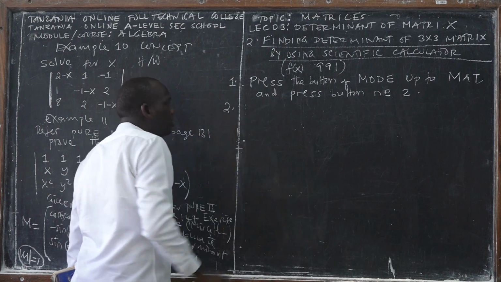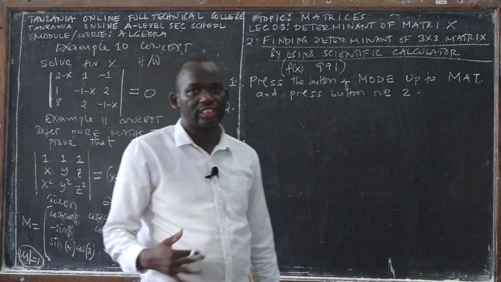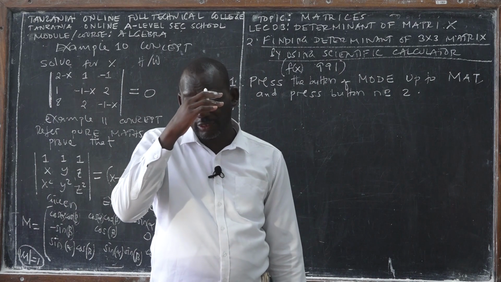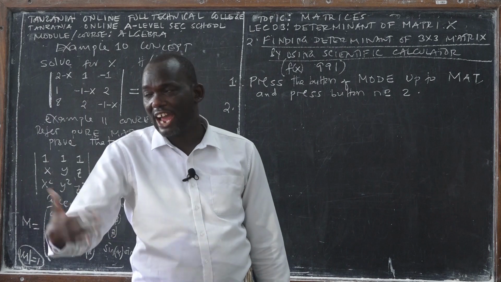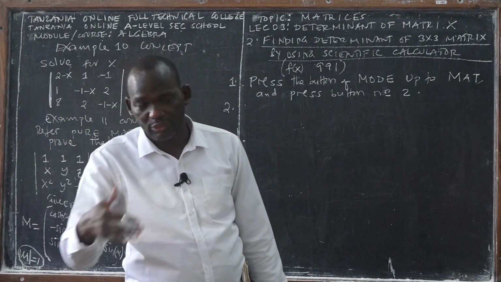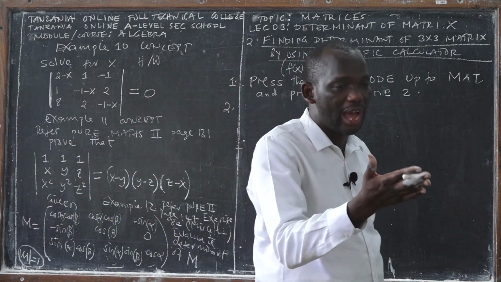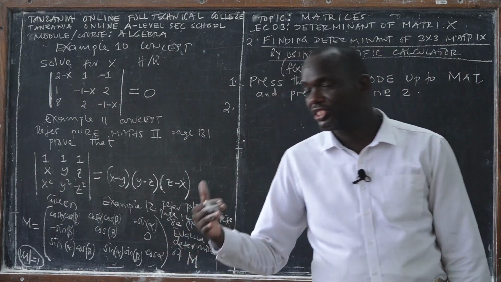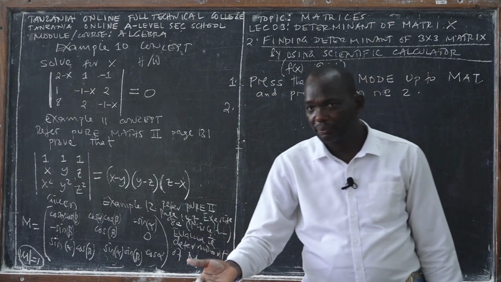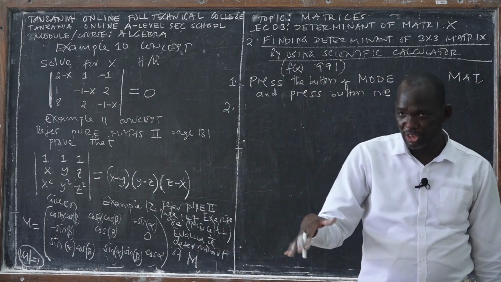So now it means you have set your scientific calculator to be in matrix function. This calculator, fx-991, has almost 15 functions. So it means it is a programmable calculator. It has programs built within it.